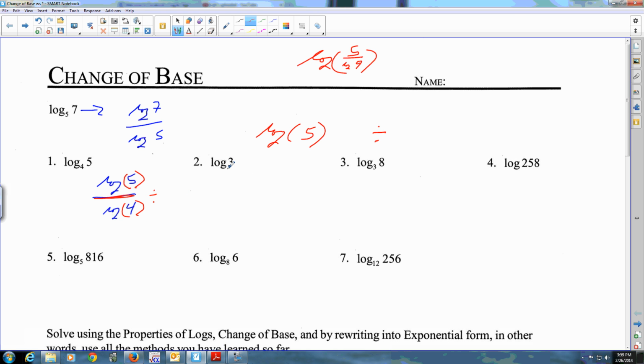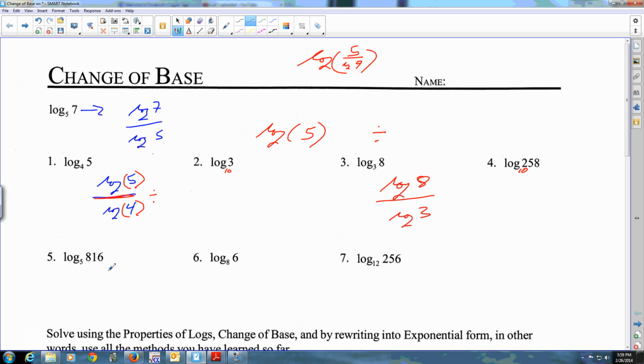Okay, this is base 10. There's nothing to do here. That one's completely fine. I'm throwing this in as a red herring or a trick to see if you guys catch it. This would be log of 8 divided by log of 3. That already is base 10. There's nothing more to do.